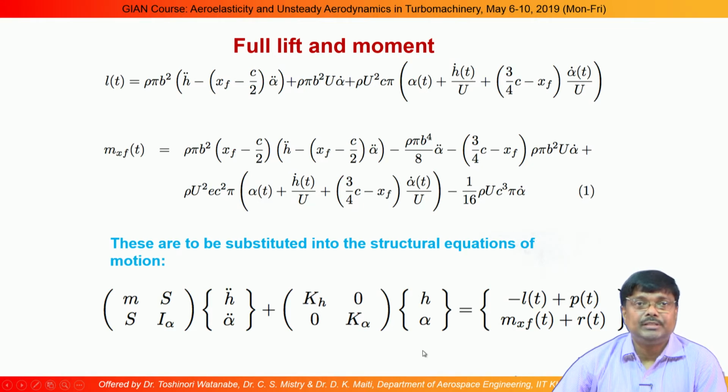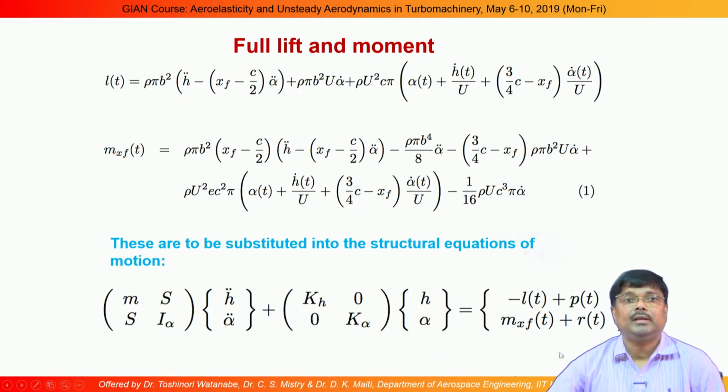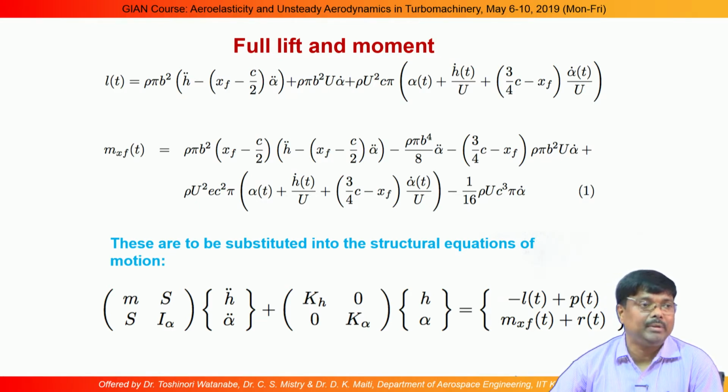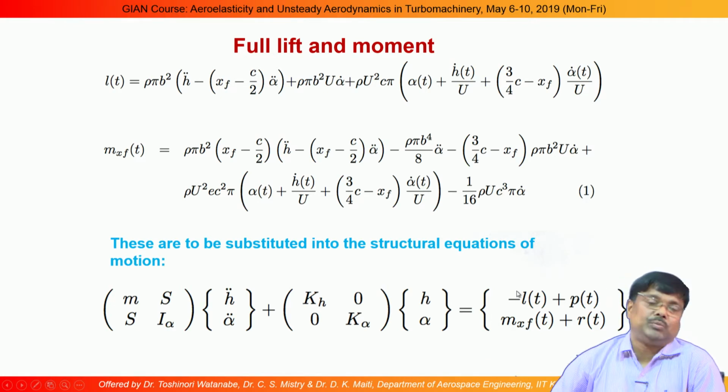So, now in this equilibrium equation, you will get the mass matrix into the displacement acceleration, displacement double dot being the second derivative with respect to time, and the stiffness matrix into displacement. The right hand side is the lift force and the moment force. In addition to lift force and moment force, we have added two forces, Pt, due to gust load, and Rt, the rotational moment due to gust load, the additional force.